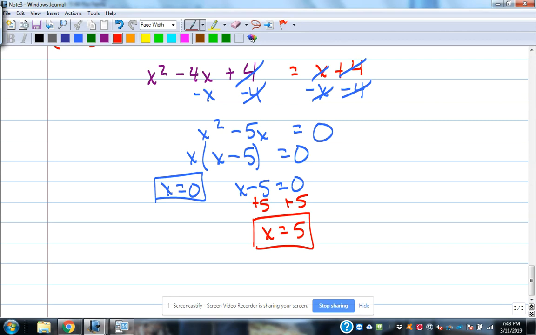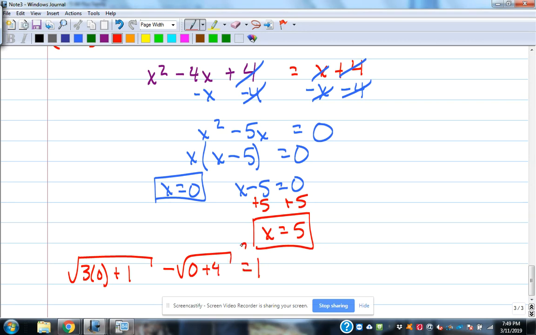The question is which one works, or do both of them work, or do neither of them work? How do I decide that? Check it back in the original. So if I check 0, I go back to the original, 3 times 0 plus 1 minus the square root of 0 plus 4.